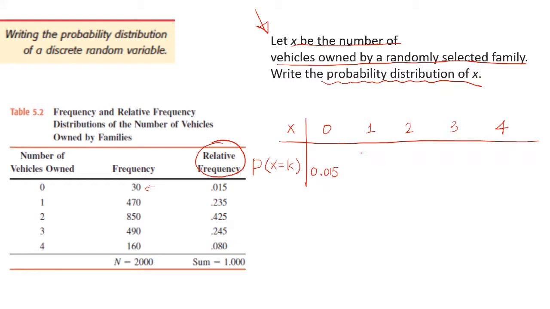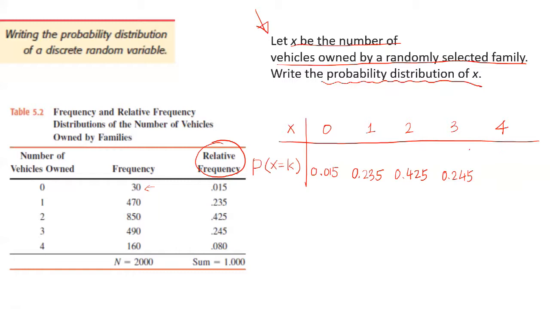And the probability of X being 1 is 0.235. And the probability of X being 2 is 0.425. And the probability of X being 3 is 0.245.